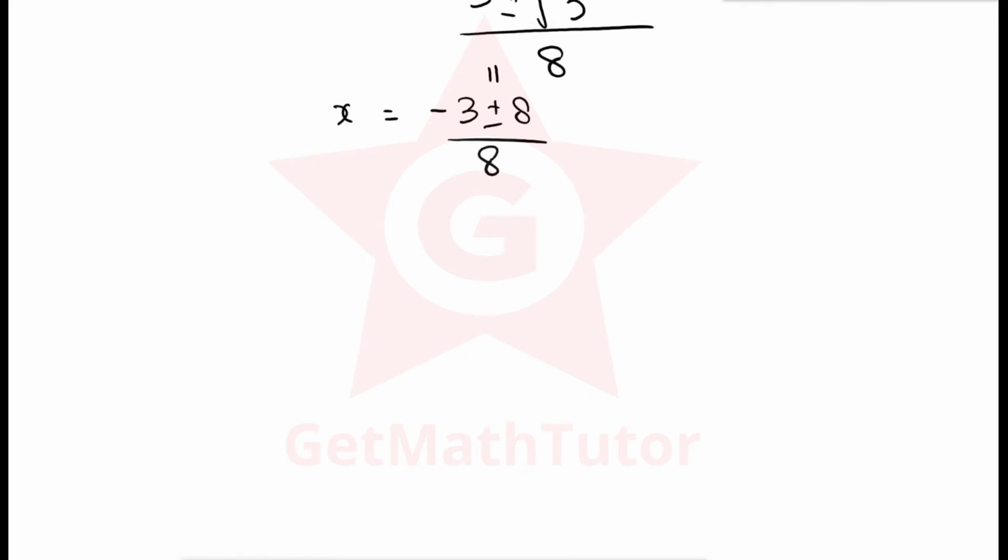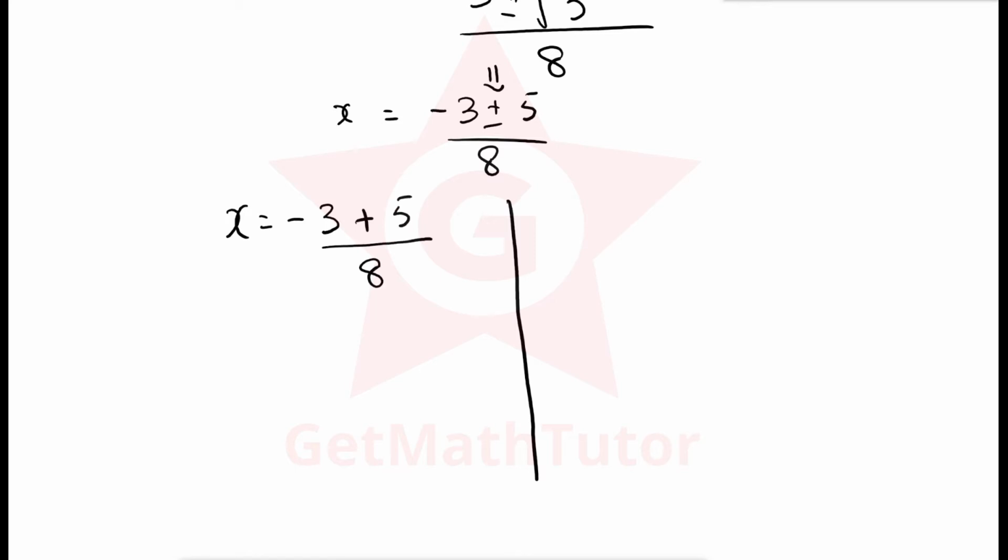This plus minus sign, now we are going to open it. So what we'll do is write two values of x. The first value is x equals minus 3 plus 5, divided by 8.